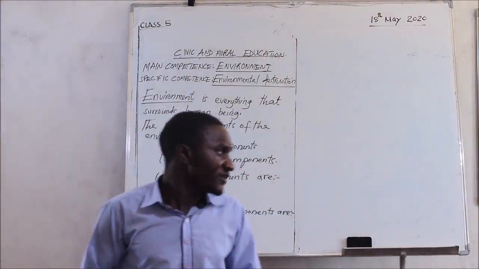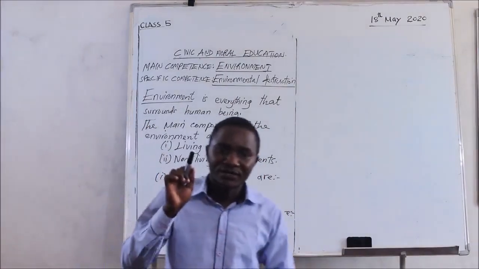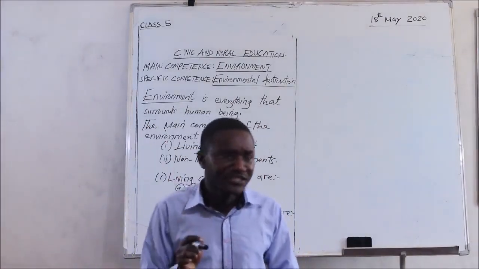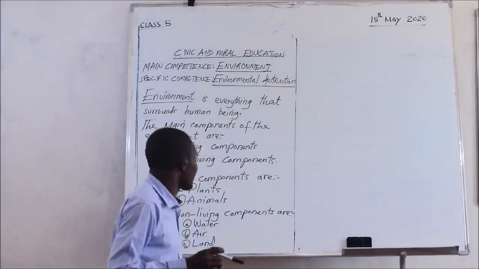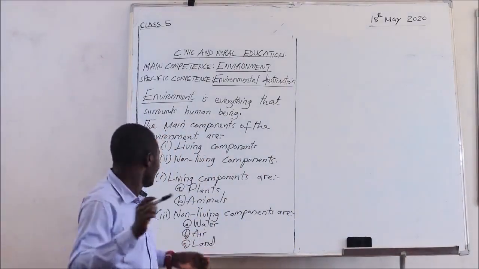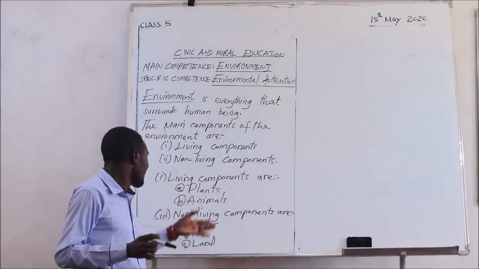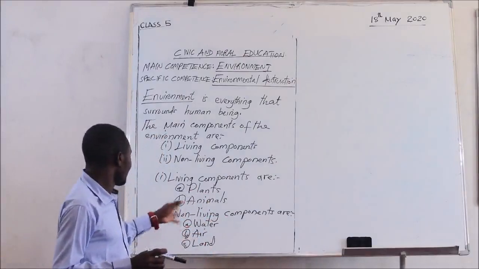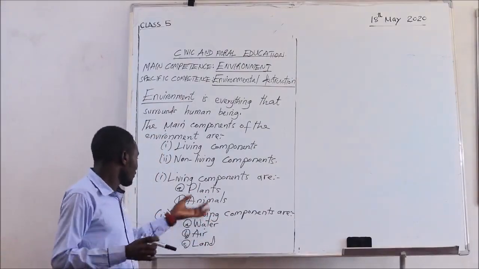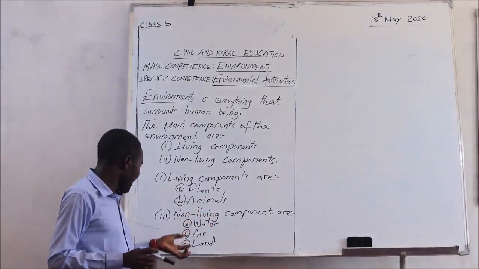So, in order for living organism to survive, we depend on these components of the environment. We depend on plants. For instance, in case of plants, we get food here. Also, we get air from plants. Animals, in case of animals here, we can get also food. Non-living components like water, air, and land.